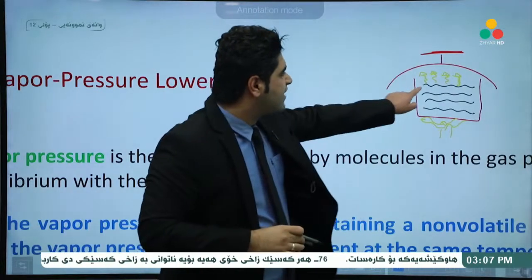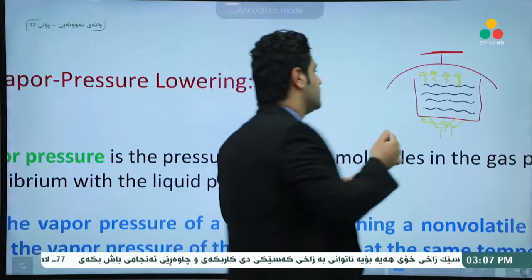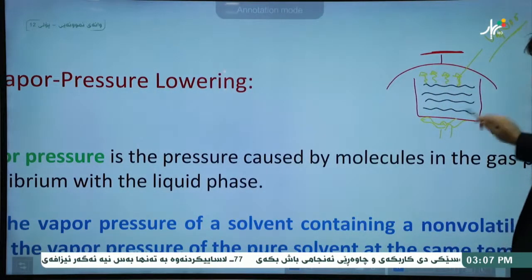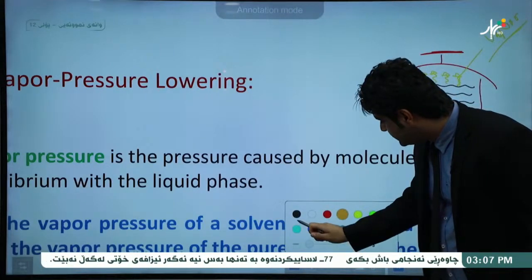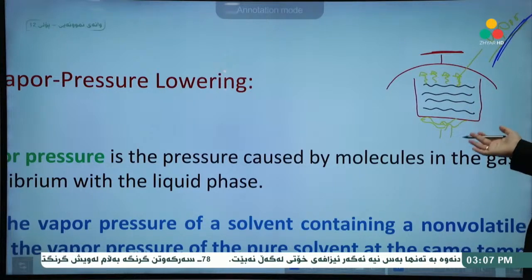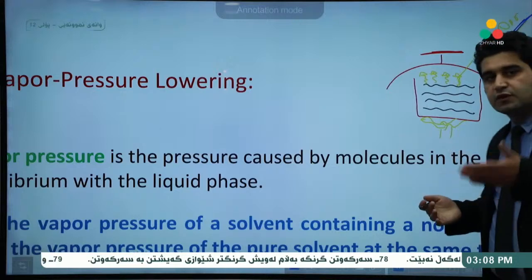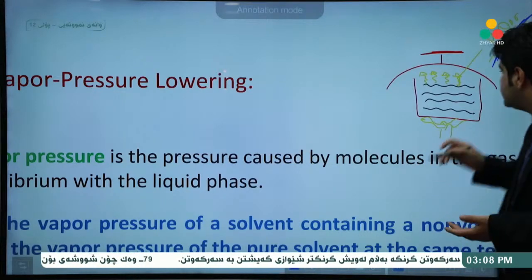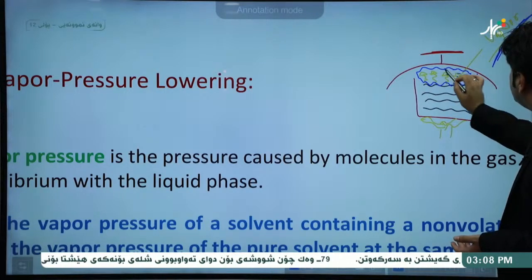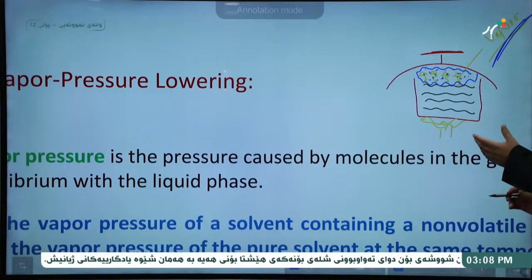Now we have more molecules of the solvent in the gas phase, so we will have more vapor. This is vapor. If we continue heating the solvent, it will vaporize continuously until here we have enough pressure and more vapor, so it cannot vaporize anymore.